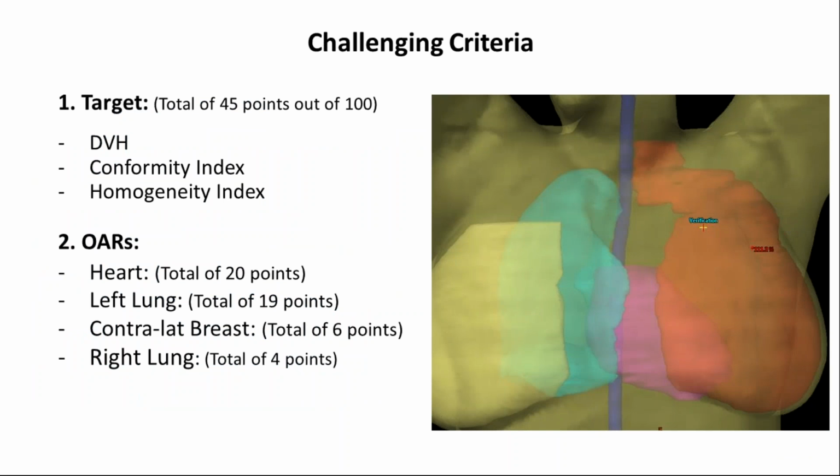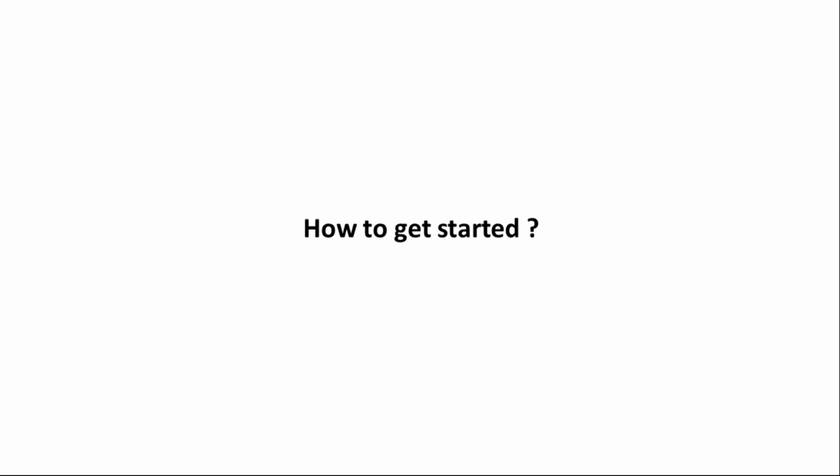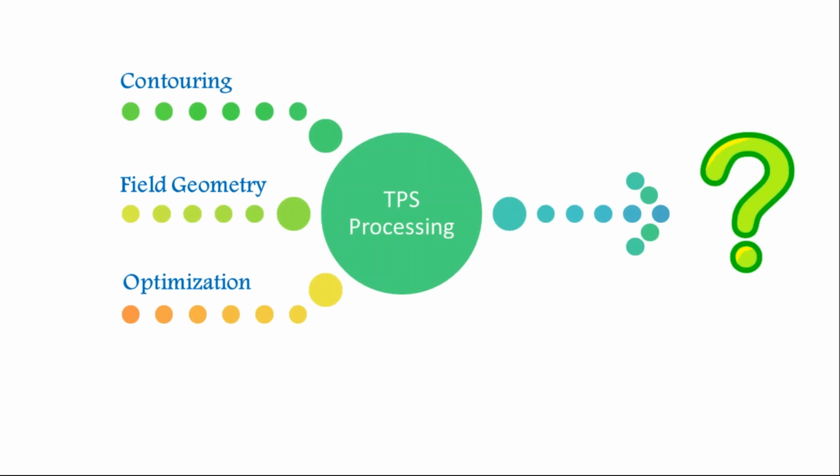And the challenging criteria include some related to DVH, some conformity index, some homogeneity index, as well as the organs at risk, like heart, left lung, and others. Now, how to get started? The most important thing we need to know from every treatment planning system is the contouring.